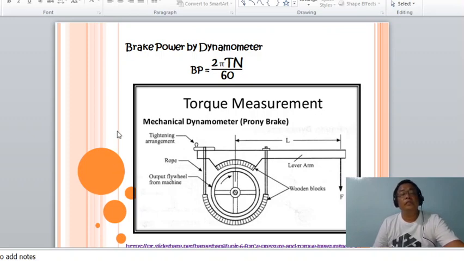So of course, if the bolt of the dynamometer is tightened, the flywheel will be gripped with the brake shoe installed inside the wooden block. Okay?